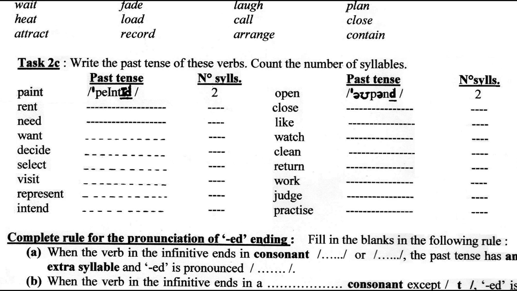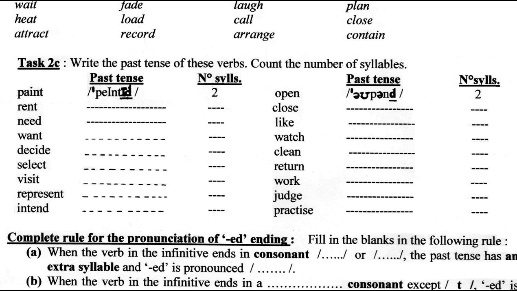Selected. Great. Next verb is the verb visit. In the past, it becomes visited. V, short E, z, short E, t, short E, and d. So how many syllables do we have? We have 3 syllables.